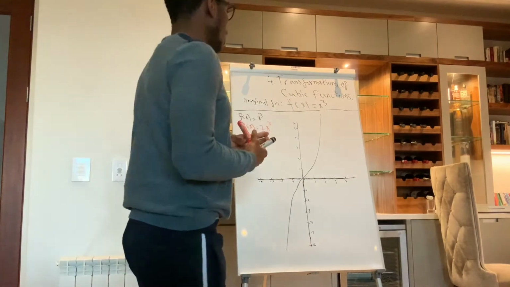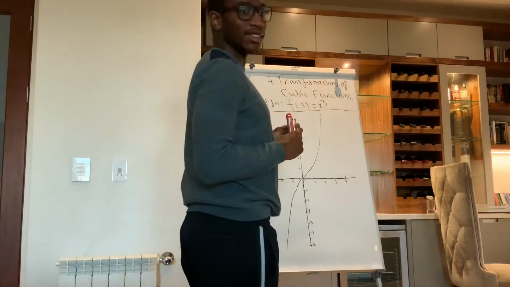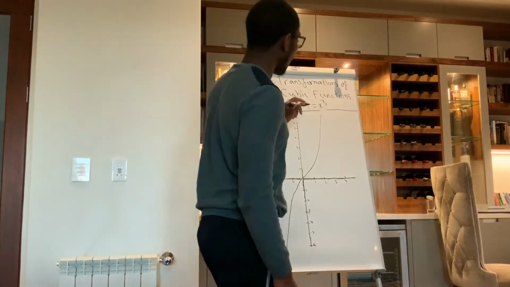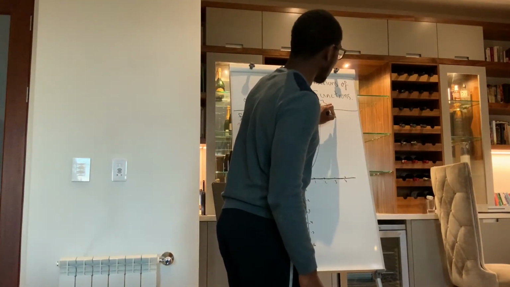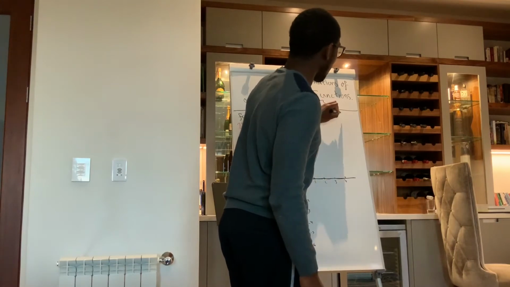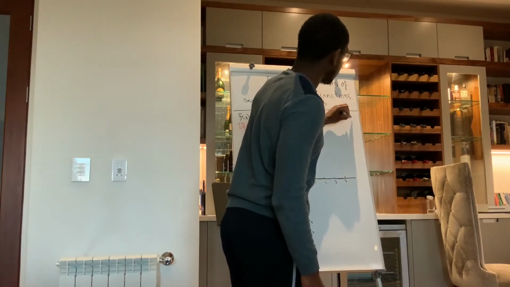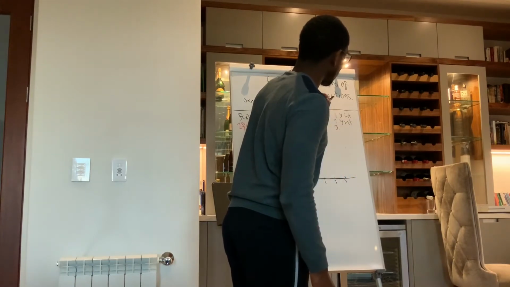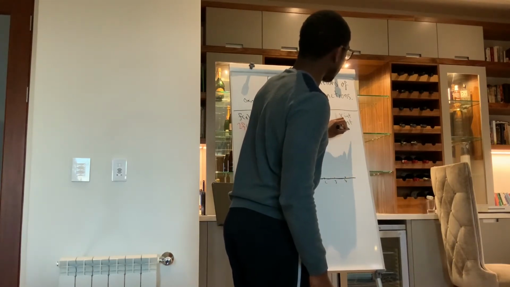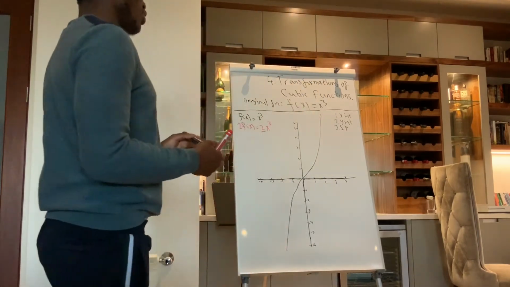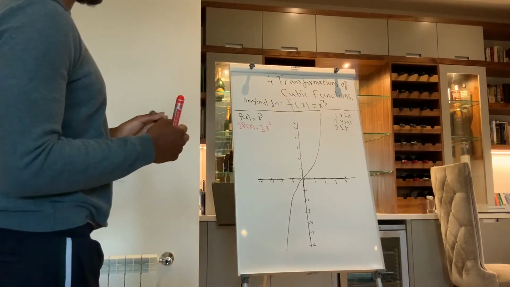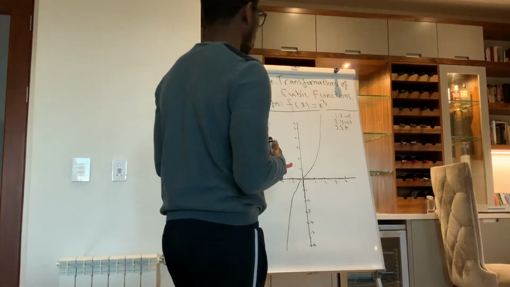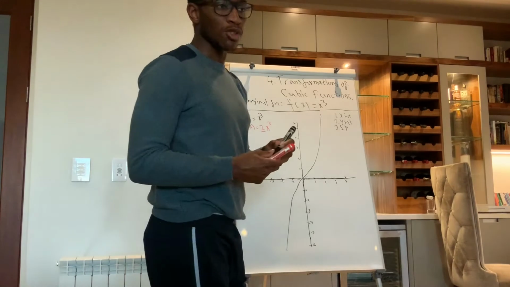The three critical values I'd always recommend looking at when trying to obtain a function, with cubic functions at least, or quadratics, are the x-intercept, y-intercept, and stationary points. Looking at this graph, you can already see that there's only one stationary point.